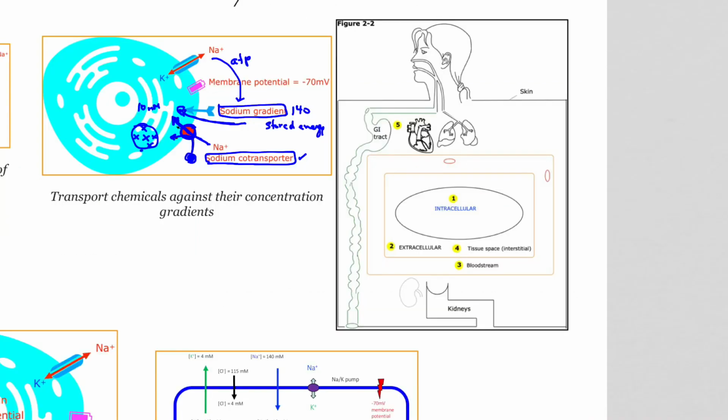Let's look at a few examples. During digestion, there's this enterocyte. Enterocytes in the small intestine absorb a lot of chemicals. The enterocyte, for example, might use a sodium amino acid co-transporter to bring amino acids into the cell and eventually into the bloodstream.